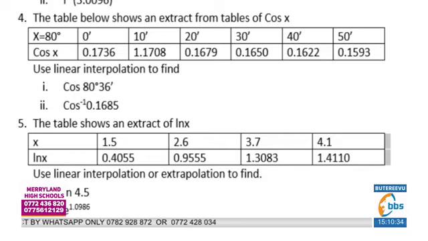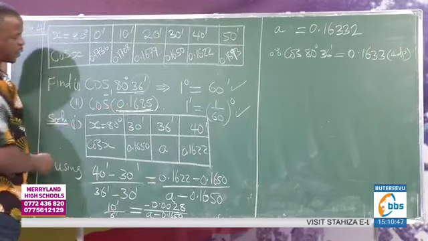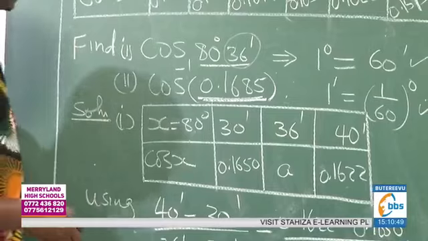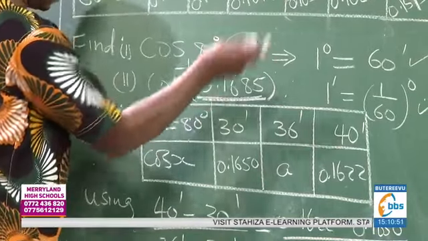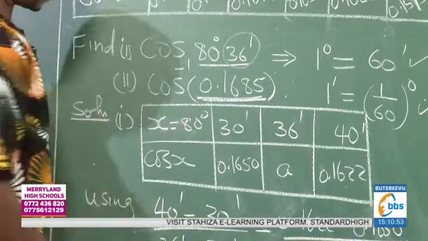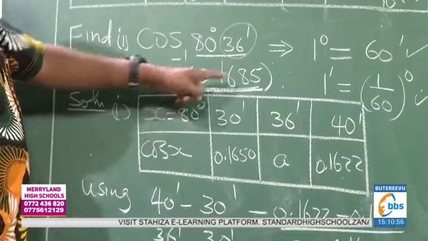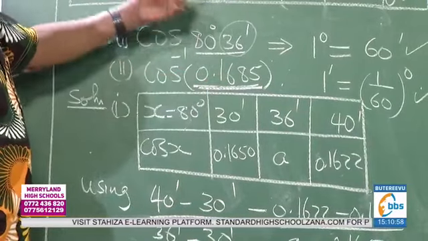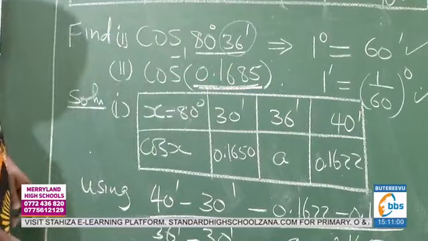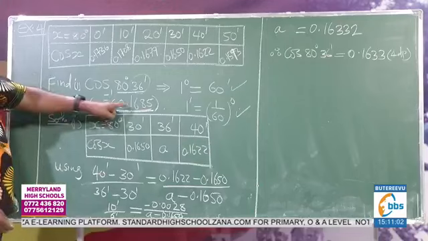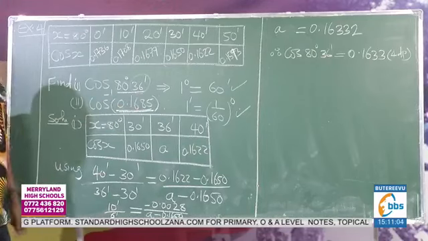The next part, without wasting time, they want us to find the cos inverse of this. Once again, you notice that this is what we have available. And what is giving us this is the x. So relatedly, we look for this value, come back to our table and see where it falls for the second part. 0.1685.